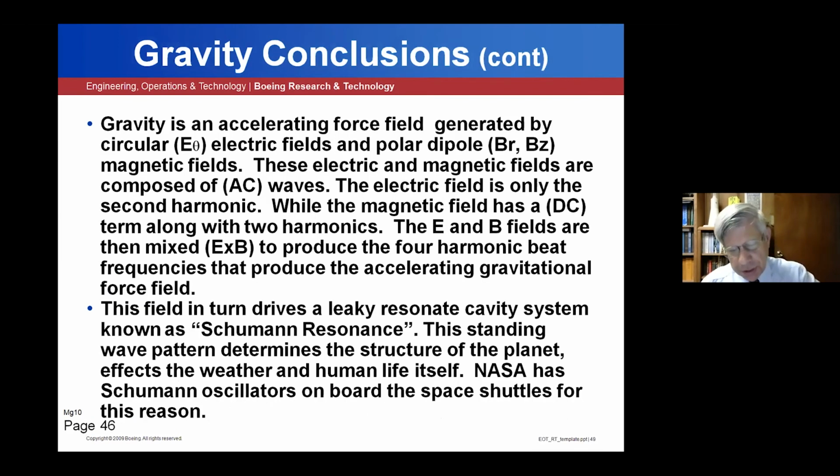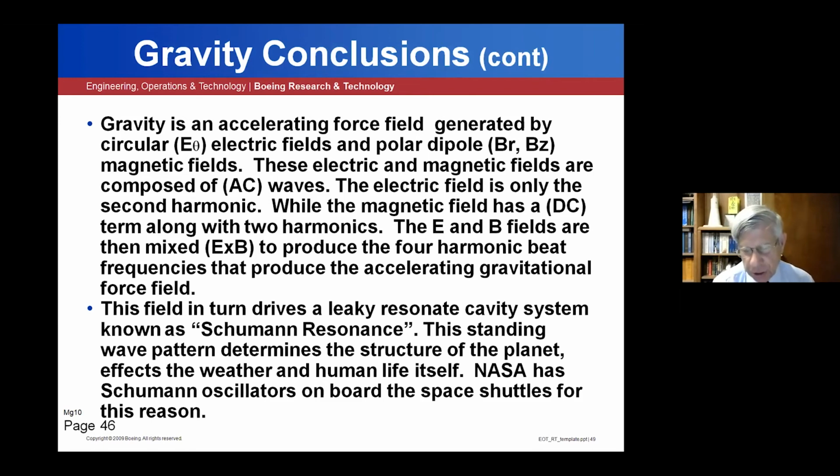And then we talk about the conclusions here. The accelerating force, commonly called gravity, is a resultant force directly from the interaction of E cross B. So not only related to the electric and magnetic fields, it's actually generated from it. And then we're talking about the back and forth movement. The electric field spins back and forth like the agitator in a wash machine. It just oscillates back and forth.